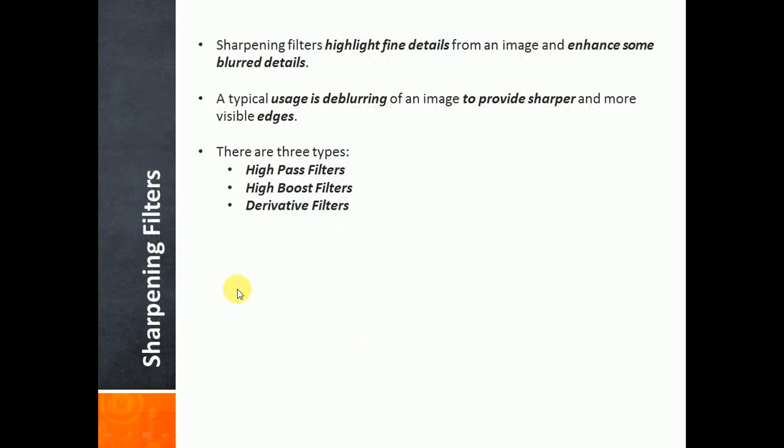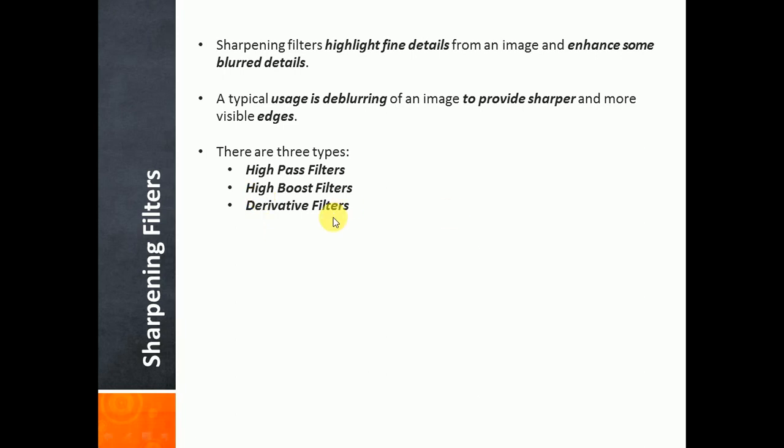Now the other aspect is when you don't want to blur the image, rather you want to enhance some blurred effects or to provide sharper images. Those are called sharpening filters, and they're called high pass and high boost filters.